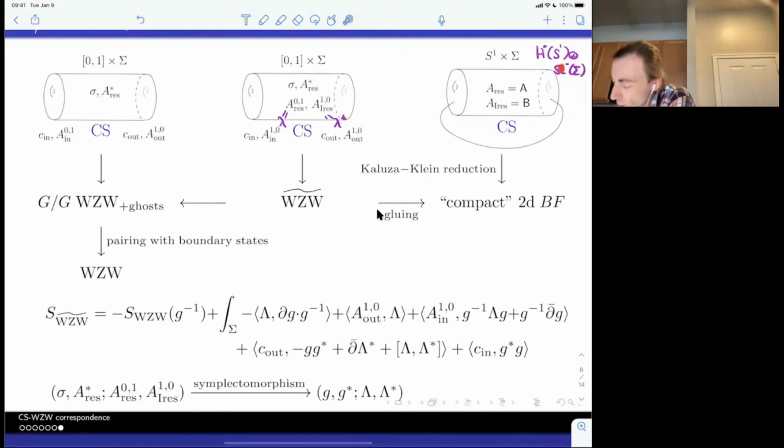These are just two copies of differential forms on the surface, which you can identify with the A and B fields of the two-dimensional BF theory. And actually, the effective theory is the non-abelian two-dimensional BF theory with a certain subtlety, which I emphasize here by the word compact. So it has some additional large gauge transformation acting on the B field coming from the circle direction.